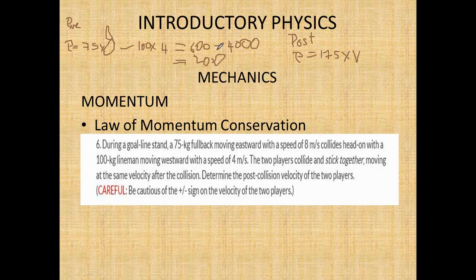So from the law of momentum conservation, the pre-collision momentum, which is 200, equals the post-collision momentum. So we know that 175 times V is equal to 200.